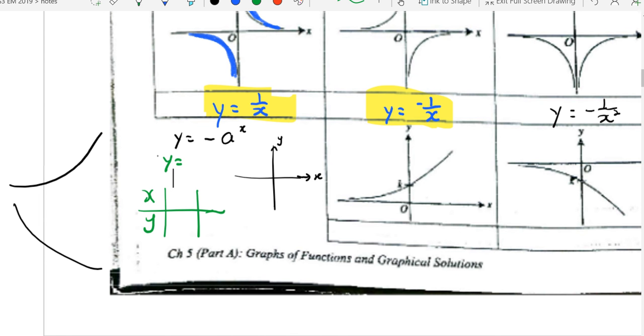Now, let's try minus 1 and 1. What do you think is the answer? Try, put in minus 1, put into x, what do you get? Rachel, what's the answer? Tiffany, what's the answer? Negative 3 to the power of negative 1. What's the answer?